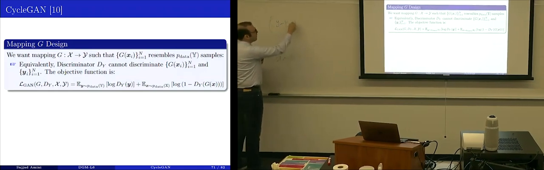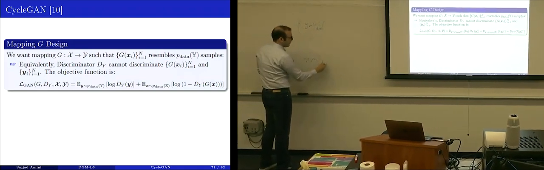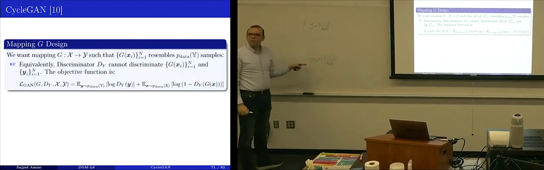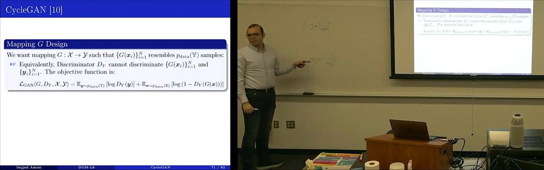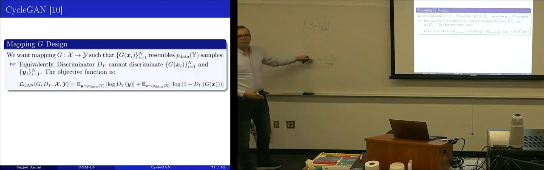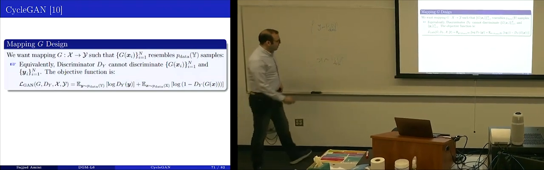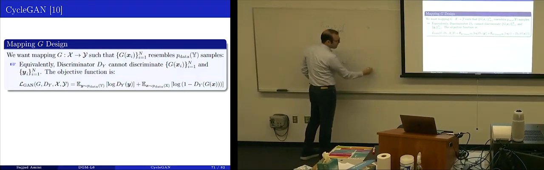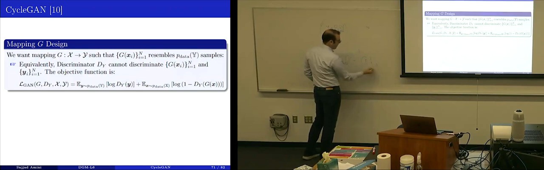P data of y. You can sample from these distributions because you have an unpaired data set. Unpaired data set means that you can sample from each of them separately. And this is what GAN can handle for you. These samples must be inseparable from these samples.